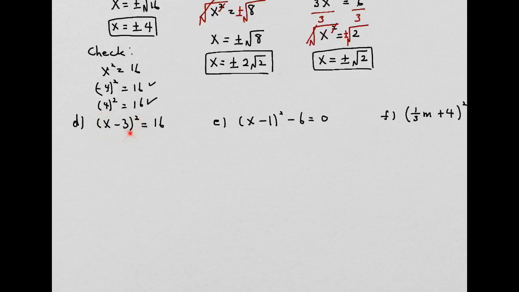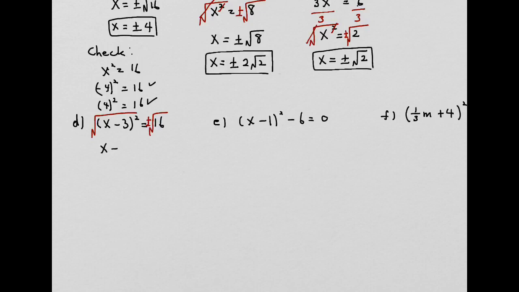So on the left side, you have only the square isolated. So you don't have to move negative 3 because everything is squared. So long as you have a square on one side, you can use the square root property. That will get rid of the square.